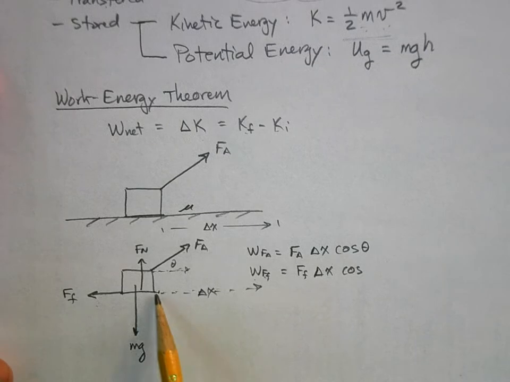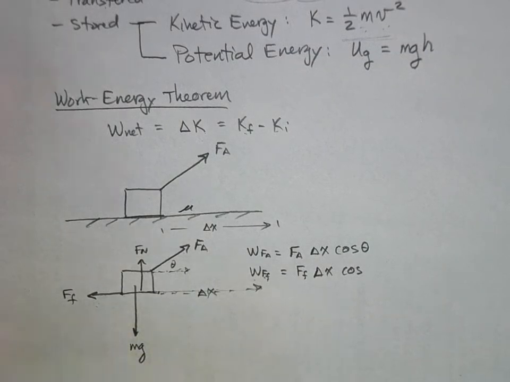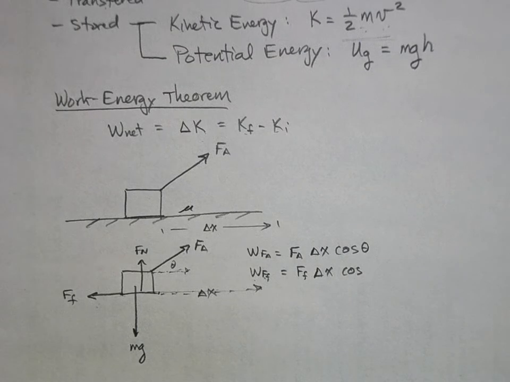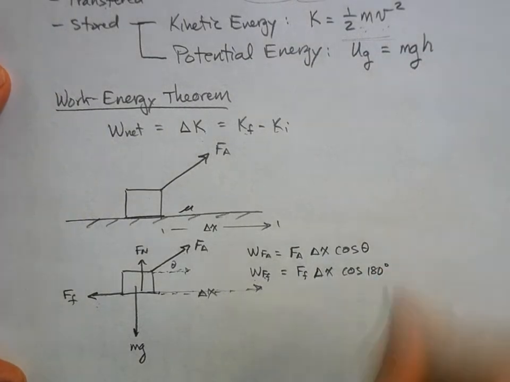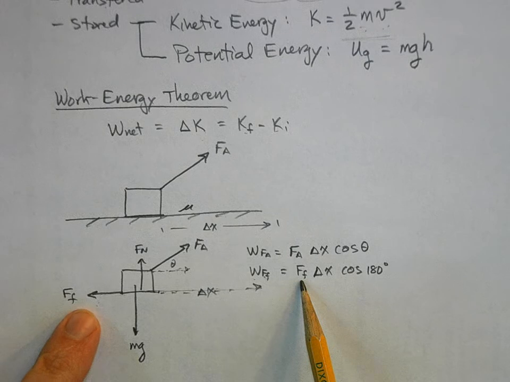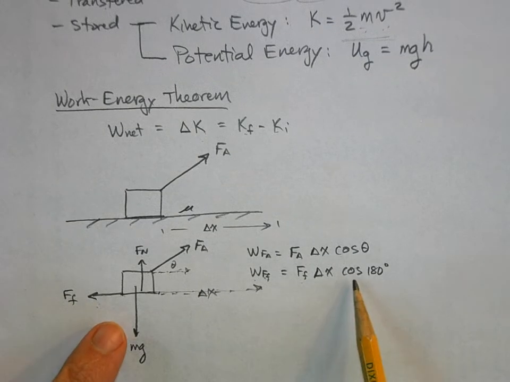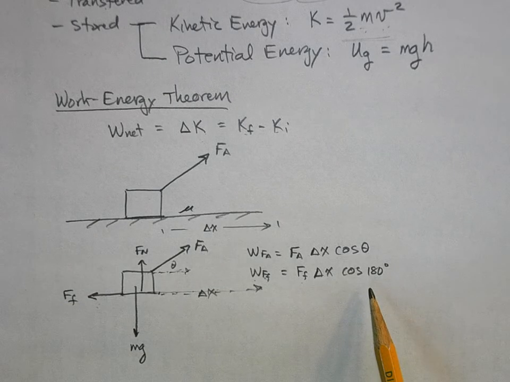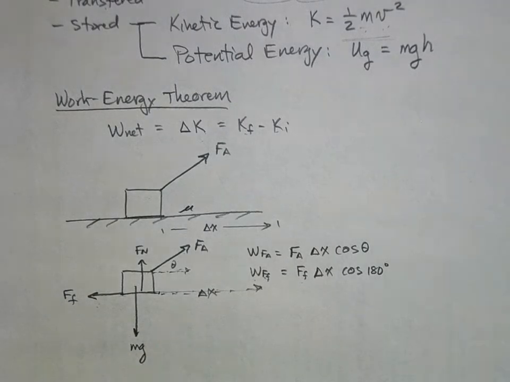Delta x is to the right, but the force of friction is to the left. What's the angle between to the right and to the left? 180 degrees? Now, what is the cosine of 180 degrees? It's -1. So, when I figure out the magnitude of the force of friction and delta x and I multiply them, I'm going to get a positive value. But when I multiply by cosine 180, it's going to make it negative. So the force of friction is doing negative work.